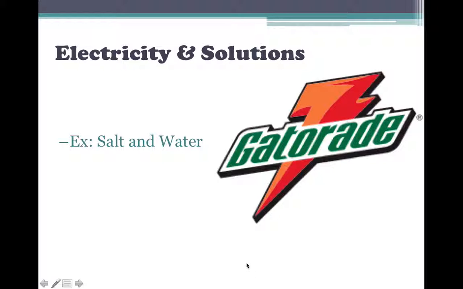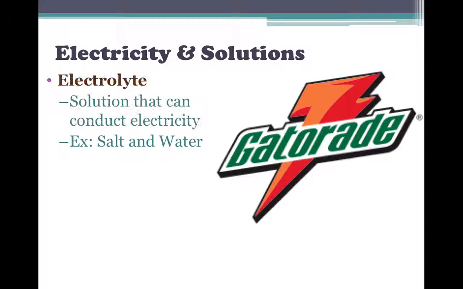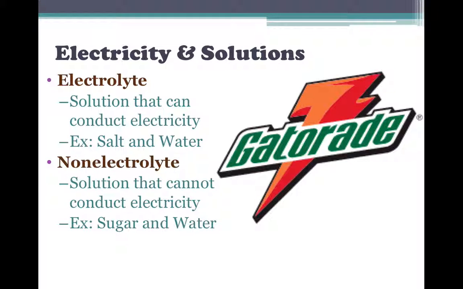Okay, now we also have some types of solutions. The first one is called an electrolyte. We kind of mentioned a little bit with this. An electrolyte is a solution that has something dissolved in it, and it can conduct electricity. So when you add salt to water, it can create an electrolyte solution. Gatorade is another great example of that as well.